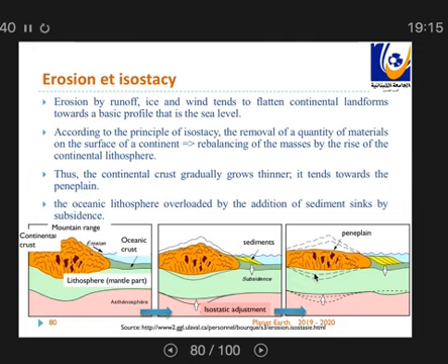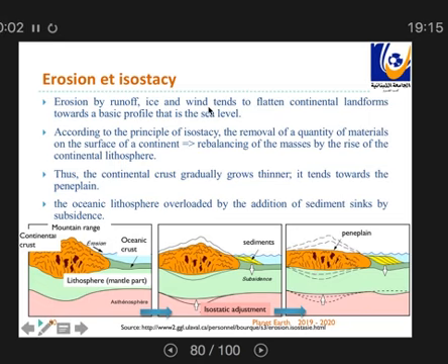Now, regarding the transformation of our crust, we talked about erosion. Erosion is caused by runoff, by ice and wind, so basically by all the fluids that exist on our planet.